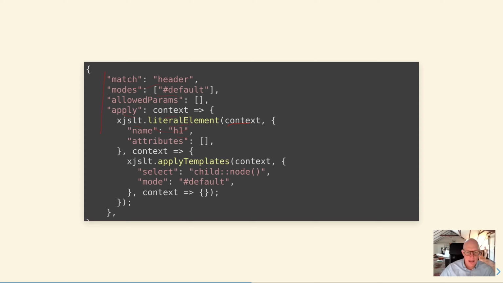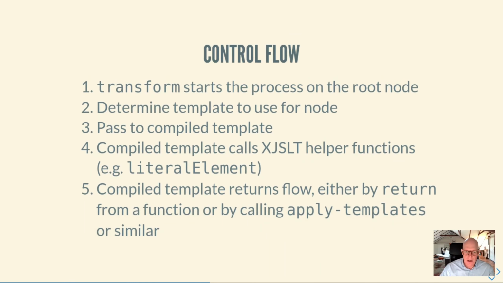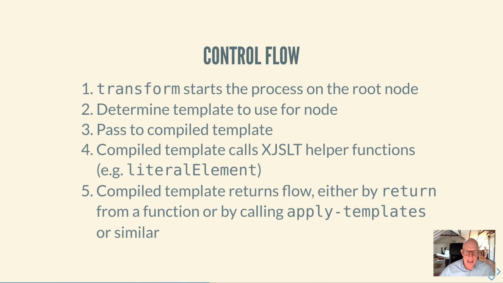So going back briefly, basically the control flow that we're looking at here is we call out to the transform function, and that starts the process on the root node, and that's a compiled function. And then we determine the template to use for the node, and transform uses XJSLT's internal helper functions to determine which template is to be used for that root node.